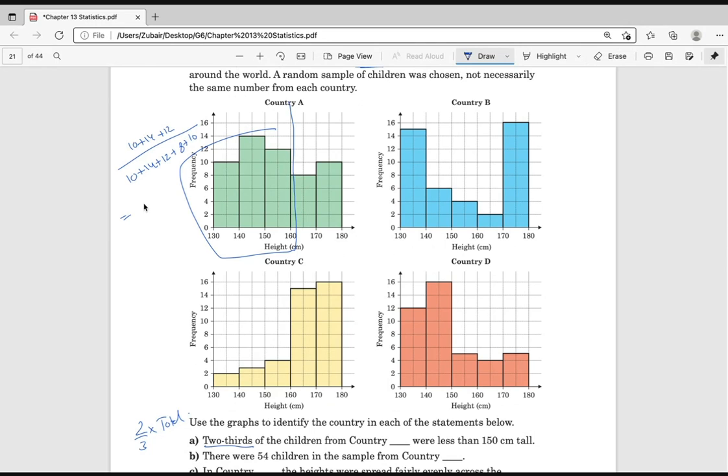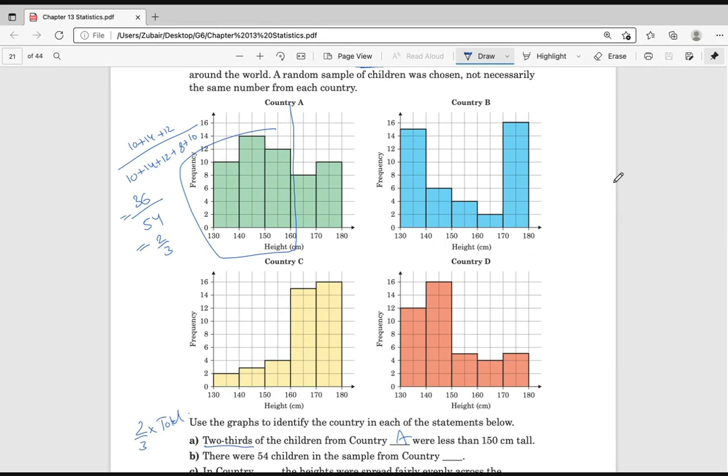It doesn't have to be exact, but it would be close. So 36 is the numerator and the denominator is 54. And I'm getting the exact answer. It is A. Country A were less than 150 centimeters tall.